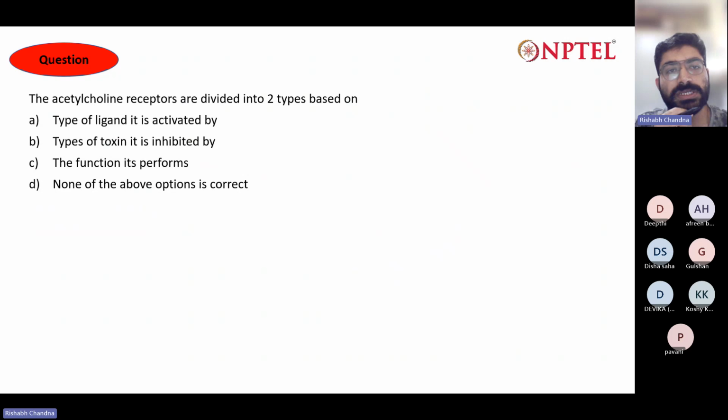So the acetylcholine receptors are divided into two types based on the type of ligand it is activated with, the type of toxin it is inhibited with, the function it performs, or none of the above options are correct. So can anybody guess?